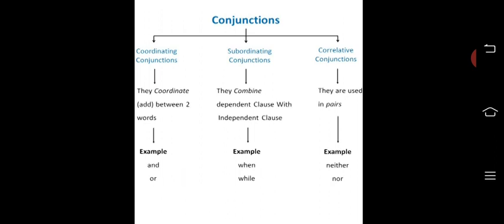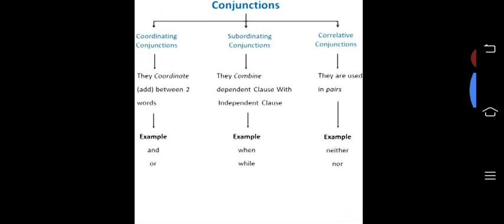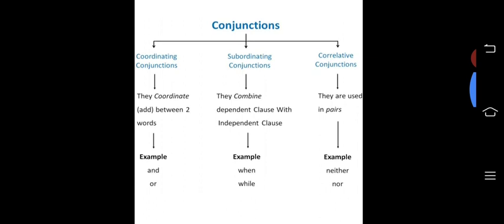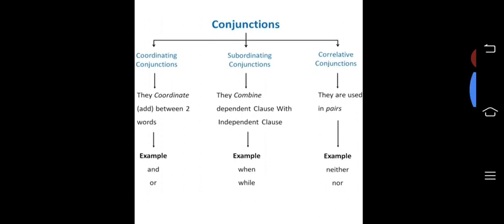So neither nor, either or, like that. We call it correlative conjunction, but the functions are the same. Got it, students? So coordinating conjunctions will be used for compound sentences and subordinating conjunctions will be used for complex sentences. Correlative and coordinating are the same in function, but it comes in pairs, that's all.